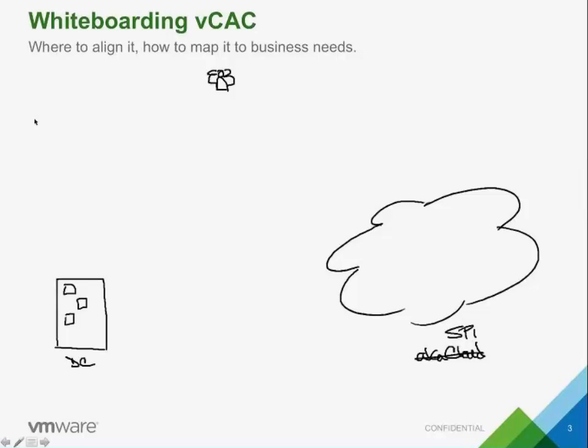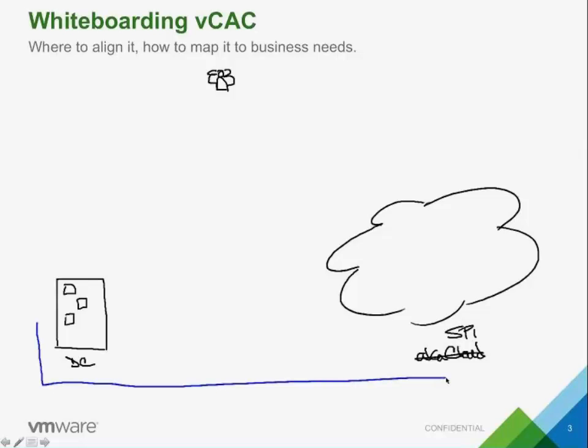Okay. Well, the first thing to understand, and I think it's pretty important when we're talking about cloud automation, is to remember what the fundamentals are. And the fundamentals inside of the virtualization space is always server virtualization.